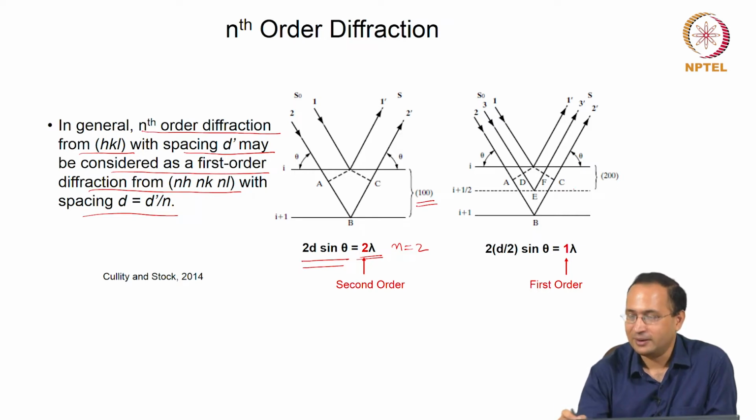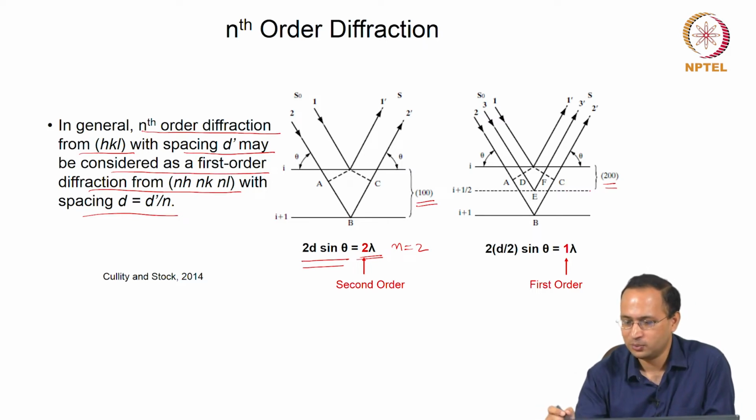Now consider there is another plane. Now we are talking about 2 0 0 planes, okay. You can review the last lecture where we talk about these different planes, what is the difference, 1 0 0, 2 0 0 basically. So this is a plane 2 0 0. Now we talk about the rays 1 and 3, right. Now if there has to be a constructive, if to get the diffraction, so now the spacing is d by 2 here, right.